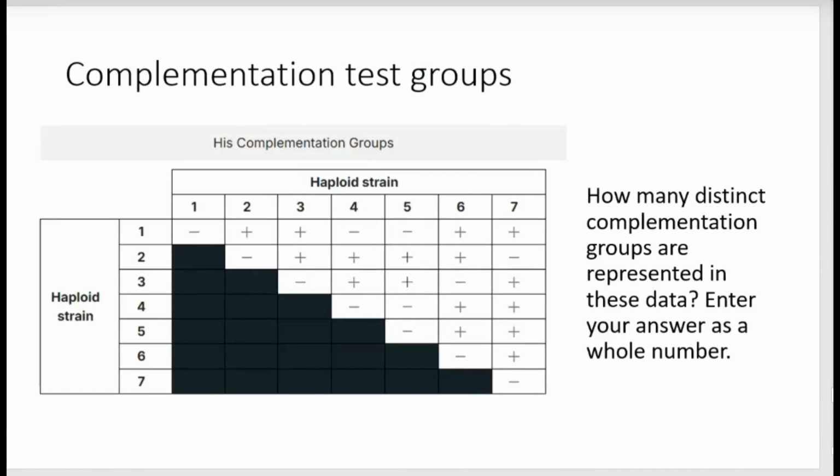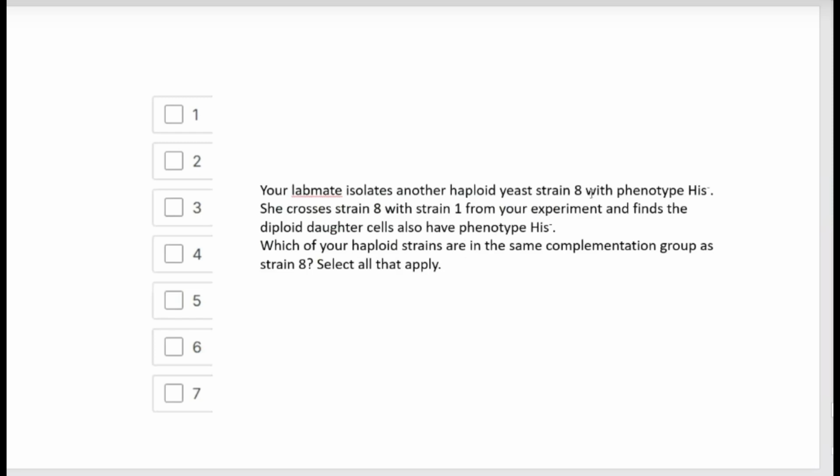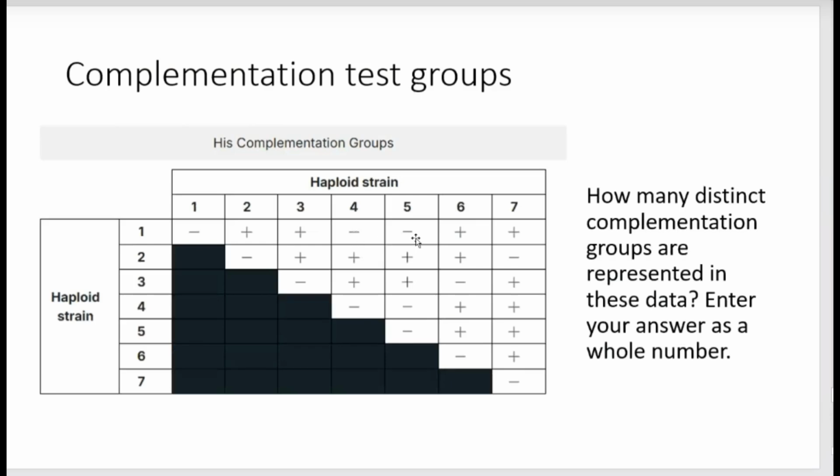If we cross haploid yeast strain number 8 with strain number 1, and we find the diploid daughter cell also has phenotype histidine minus, that means the strains in the same complementation group as strain 8 are 1, 4, 5. That means the new complementation group contains 1, 4, 5, and 8.